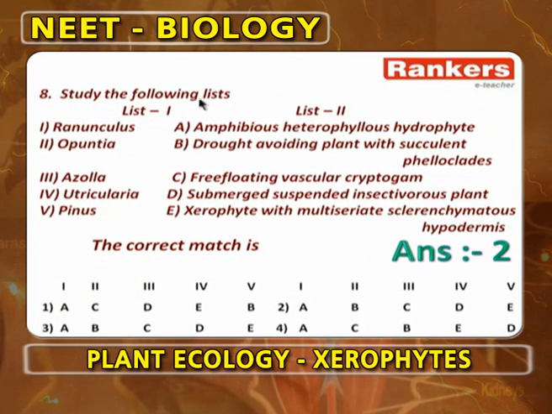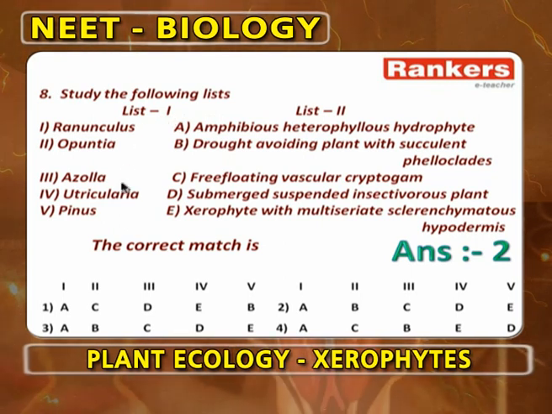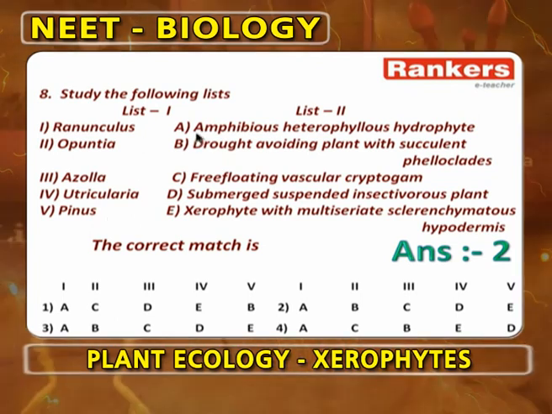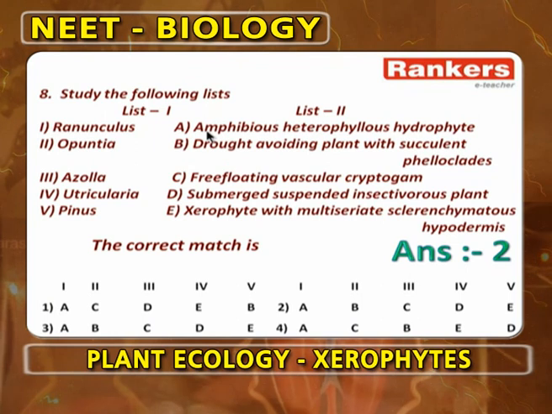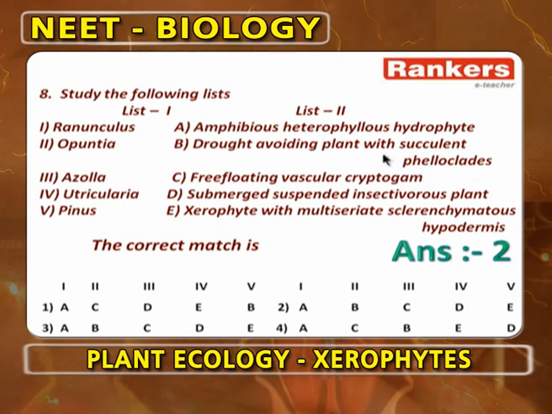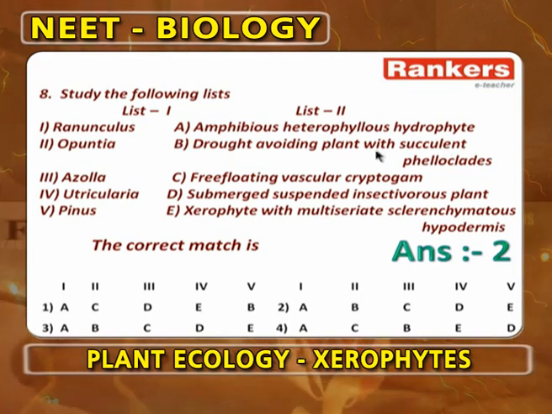Study the following list and choose the correct match. Ranunculus, Opuntia, Azolla, Utricularia, Pinus. Second answer. Ranunculus 1 is A, amphibious heterophyllous hydrophyte. Opuntia, drought avoiding plant with succulent phylloclades, drought avoiding meaning succulent, storing water as mucilage.